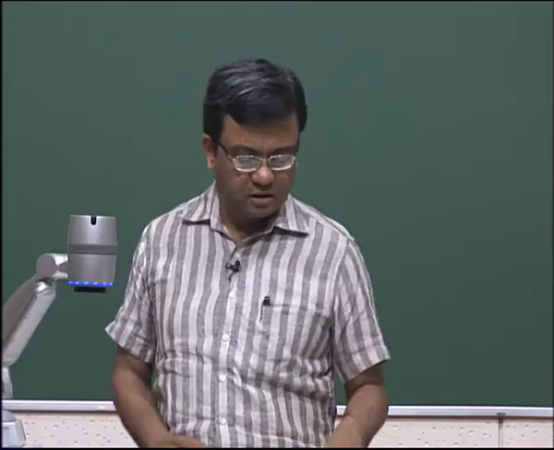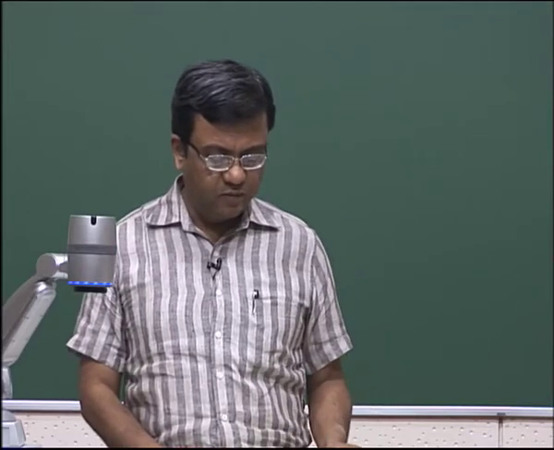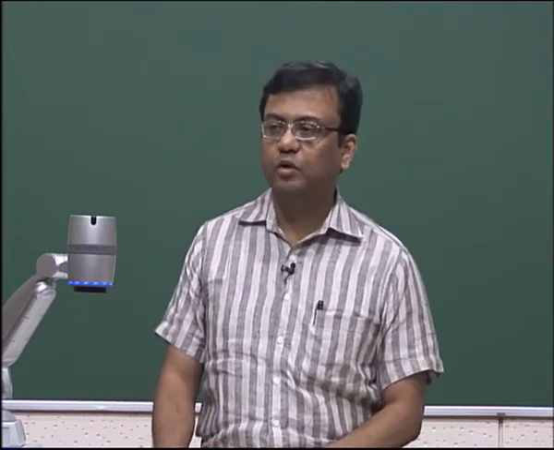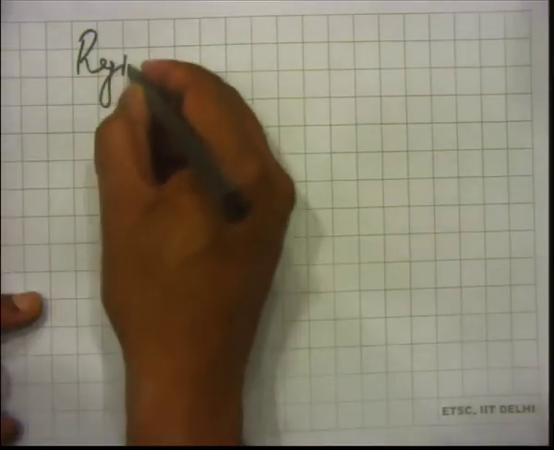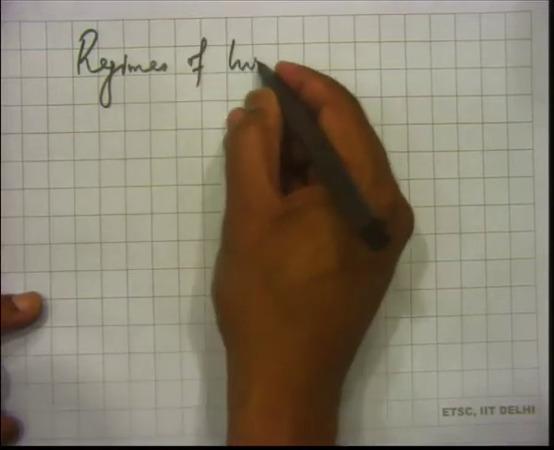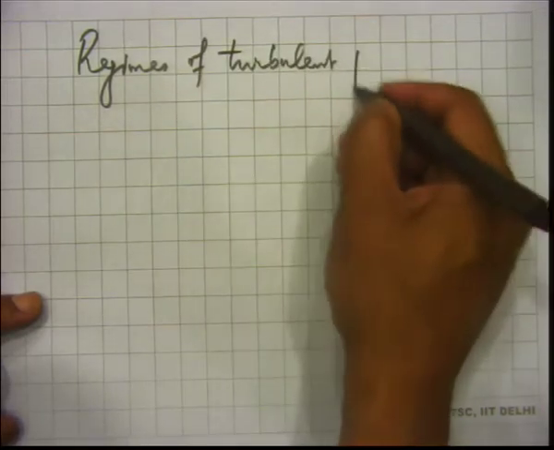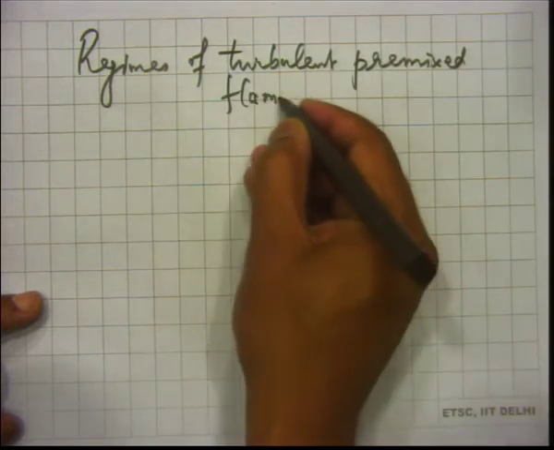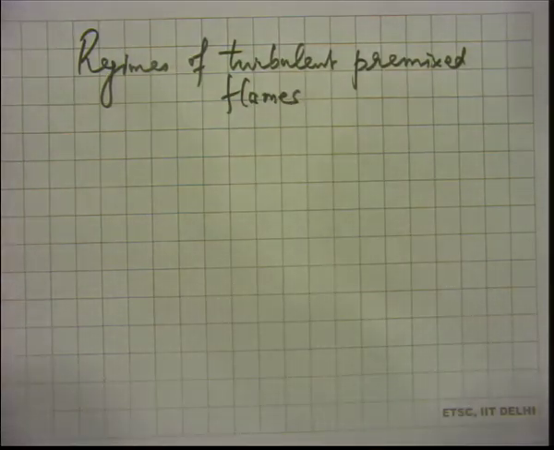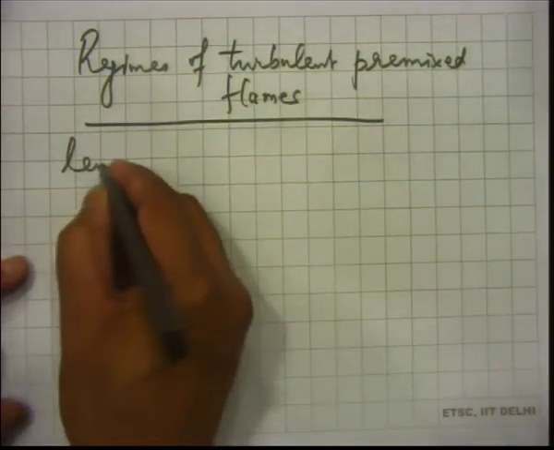Let us just see how to proceed. We can try to define some regimes of turbulent premixed flames, and to define those, we need to use, first, some length scales.